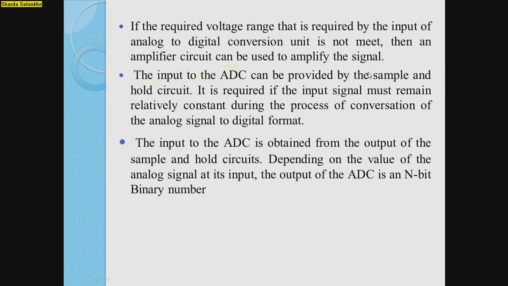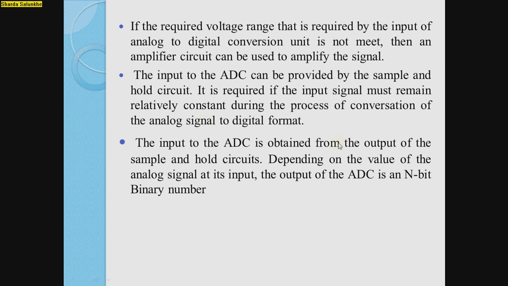The input to the ADC can be provided by the sample and hold circuit. It is required if the input signal must remain relatively constant during the process of conversion from analog to digital format. So once the signal passes through the sample and hold circuit, different samples of different amplitudes will become available. Those samples will be fed to the quantization, where the approximation of the signal values is done, and this approximated signal is provided to the A to D converter, then you will get the digital signal.